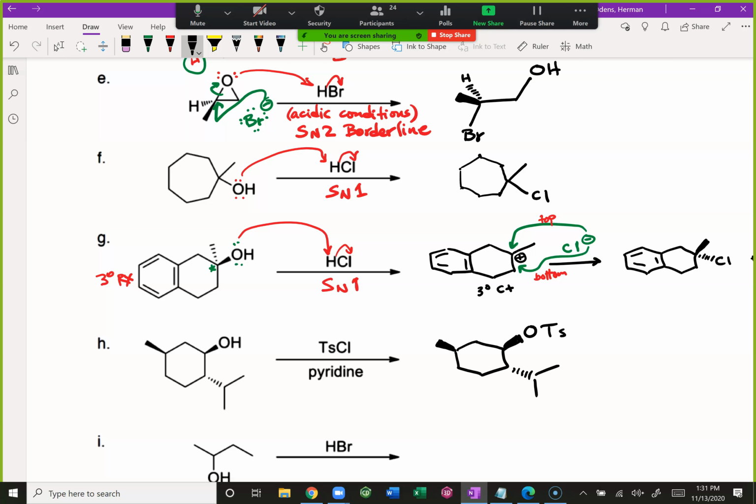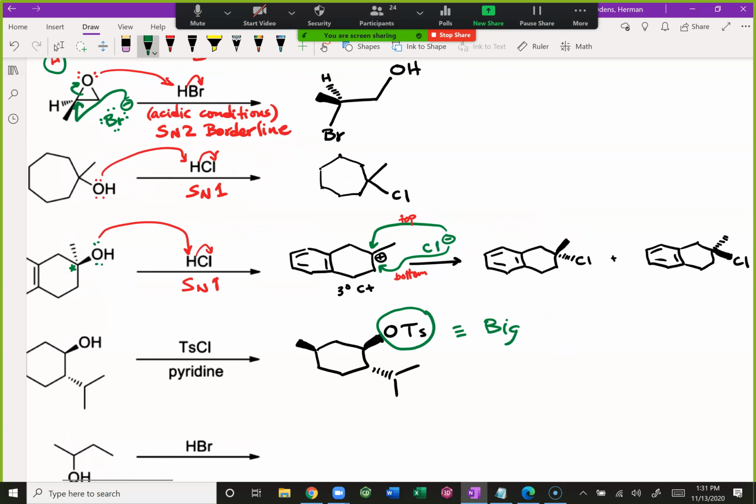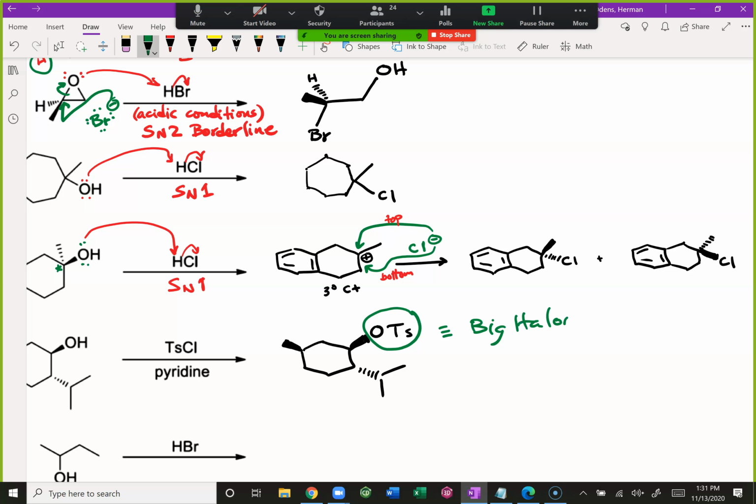So by turning it into a tosyl group or a mesyl group, it's really good. Think of this as the equivalent of a big halogen, or like a big Cl or bromine group.